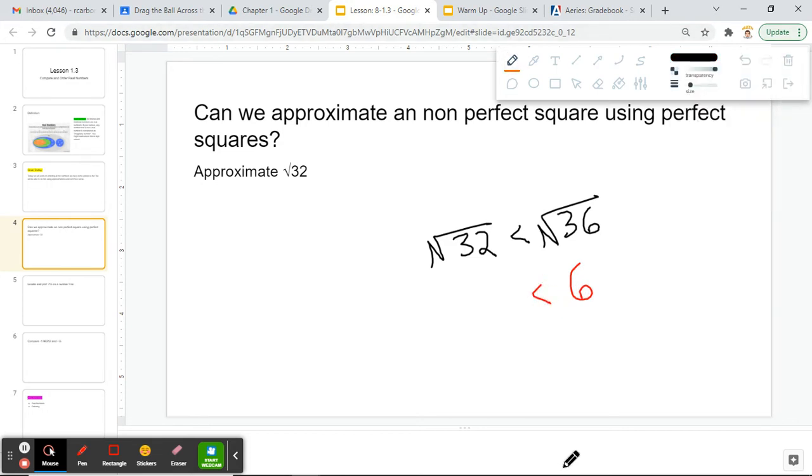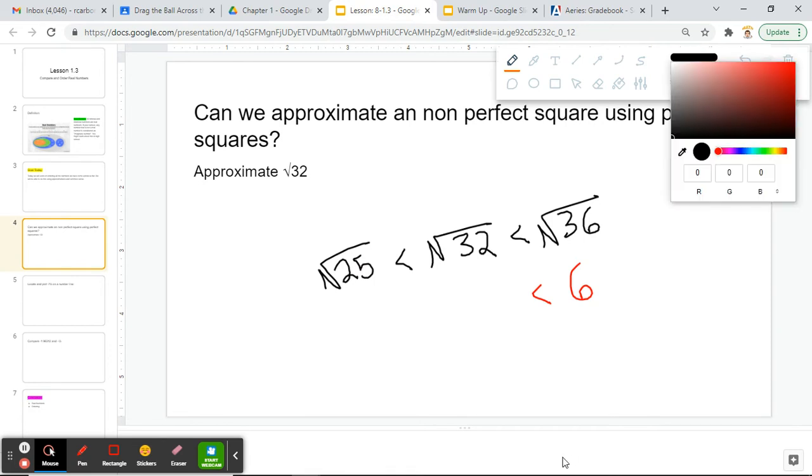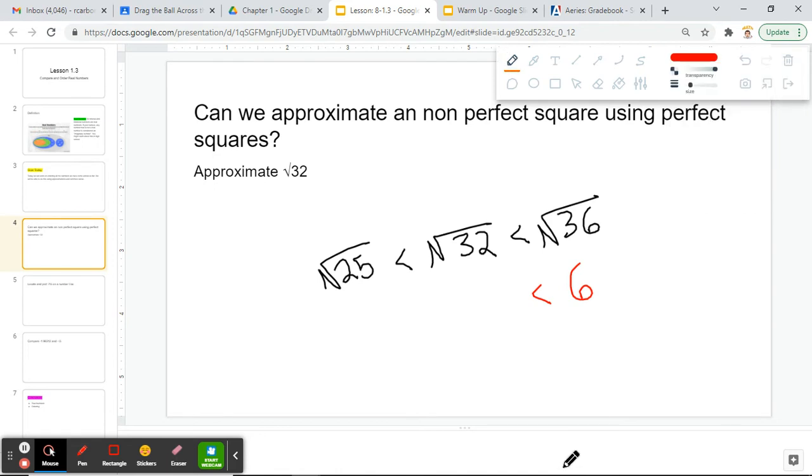On the other side, the square root of 32 has to be greater than the square root of 25, because 32 is a larger number than 25, and the square root of 25 is equal to 5.